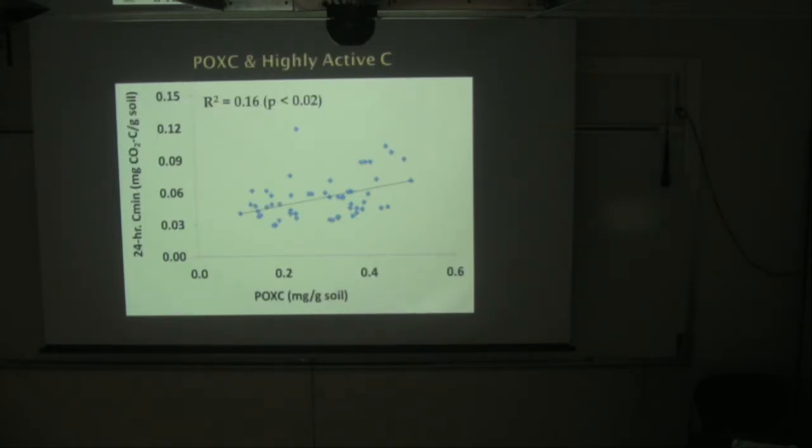However, when POC is compared to the 24-hour carbon mineralization value, this strong relationship is not there. The 24-hour carbon mineralization is representative of more of a highly active fraction of carbon and nitrogen, as well as microbial activity. And therefore, these two soil properties are providing different information about the soil.